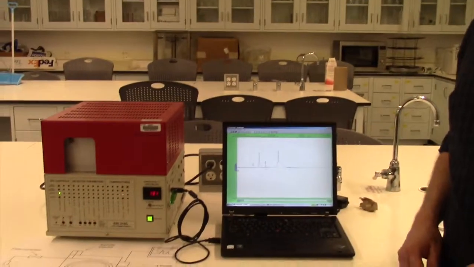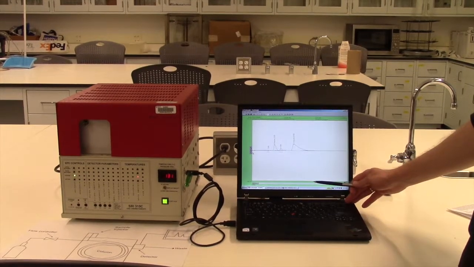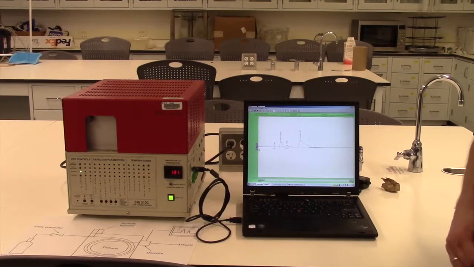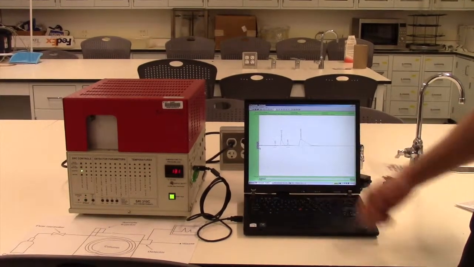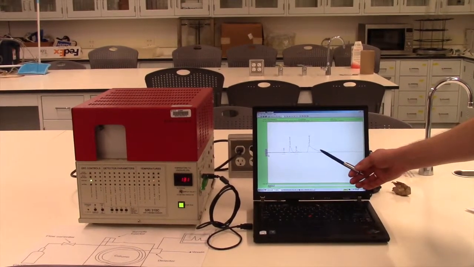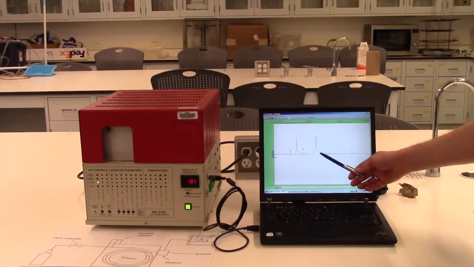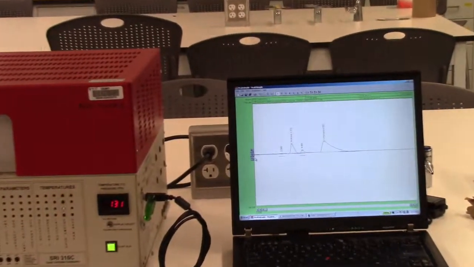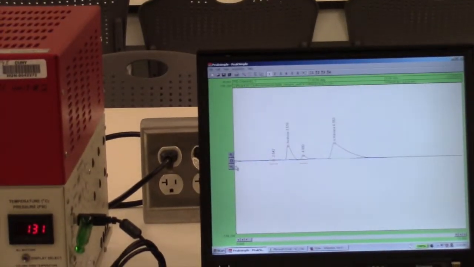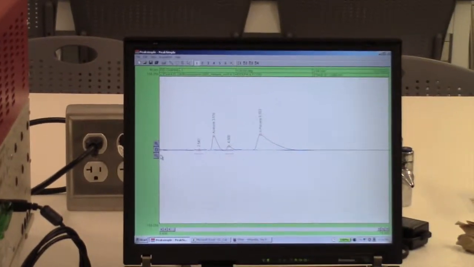Also doing an easy qualitative test for the present constituents, and of course the main thing is identifying the actual amounts, or quantifying the amounts of constituents or molecules present in the investigated sample.